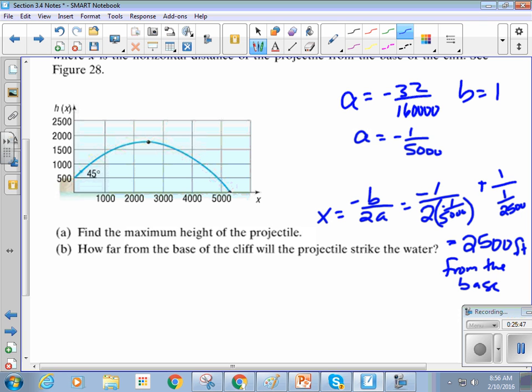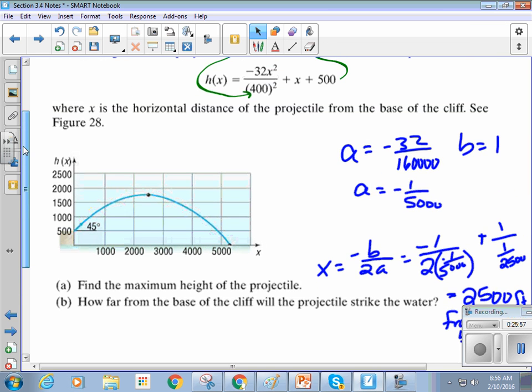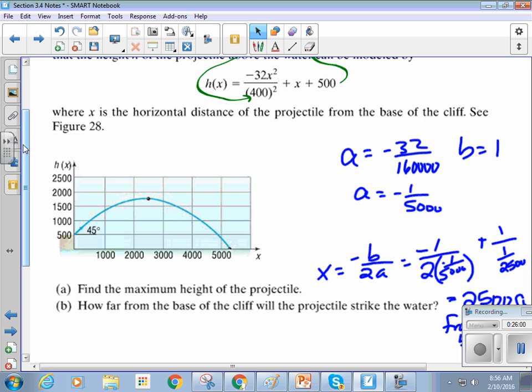For A, we have to plug this in to find the maximum height. So I have to go back to my equation and plug in 2,500 to find my height, which will answer the question.